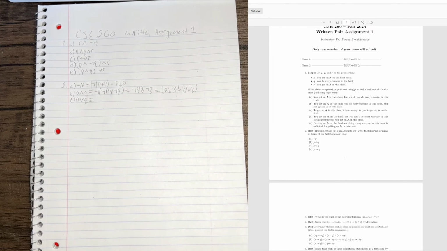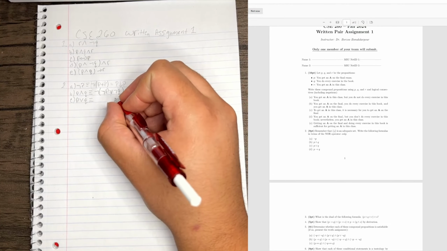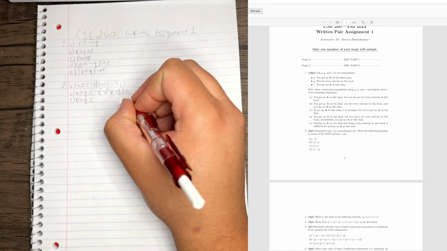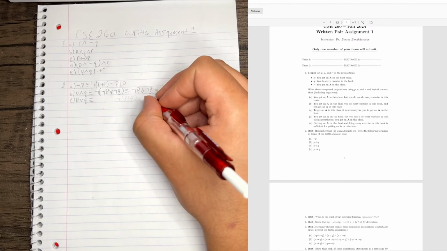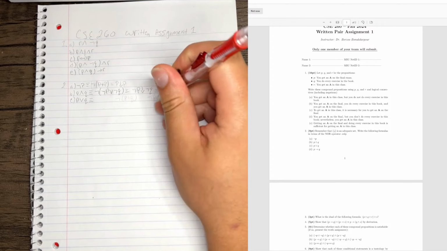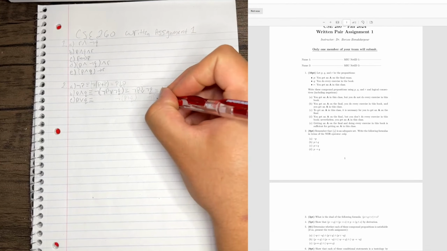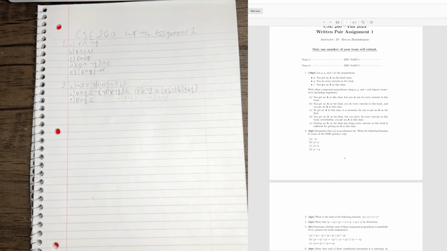I'm thinking. What happens when we distribute the NOT? When we distribute the NOT, it turns P or Q, distribute that, that'll be not P, and reduce that and not Q. That's what we want it to look like.